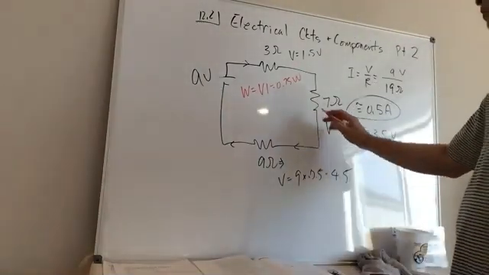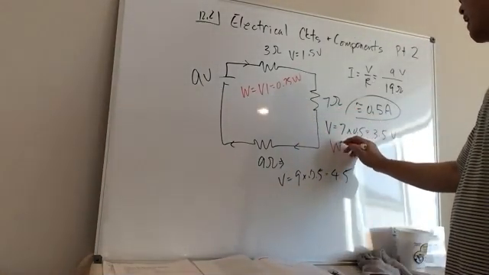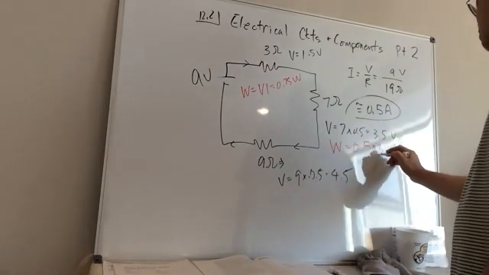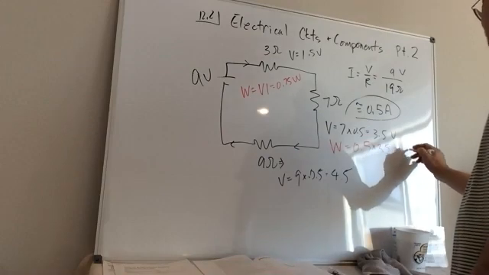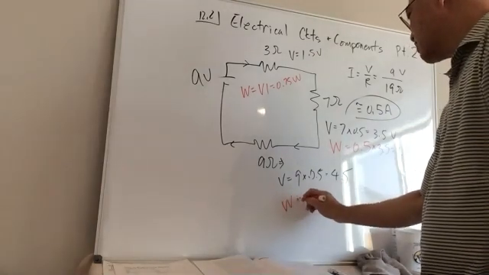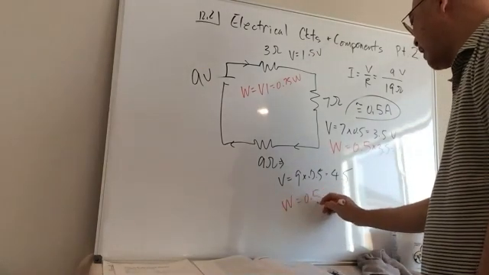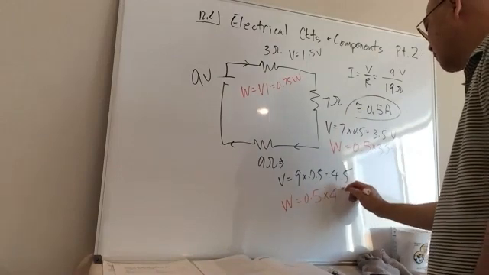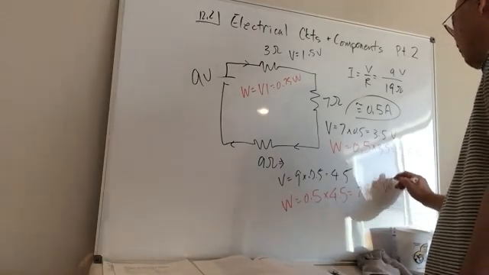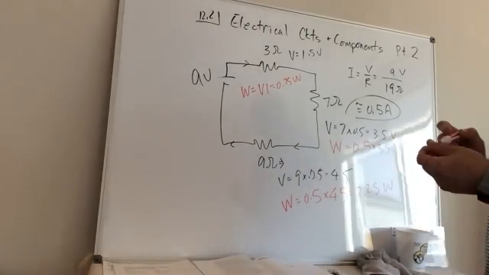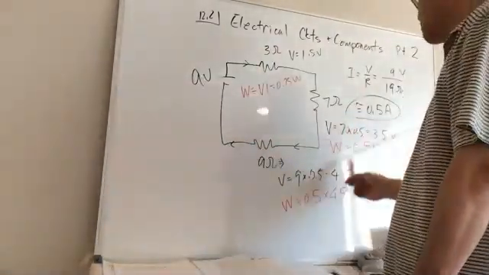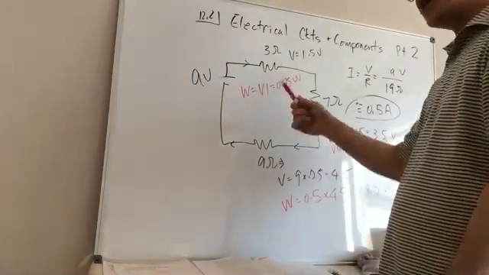The power consumption over this guy is going to be the 0.5 amps times the voltage, which was 3.5, which is 1.75 watts. Same thing here, the wattage is going to be equal to the 0.5 amps times the voltage, 4.5, so it's going to be 2.25 watts. Okay, so yes, I could possibly ask you to calculate the power consumption across each of these guys also.